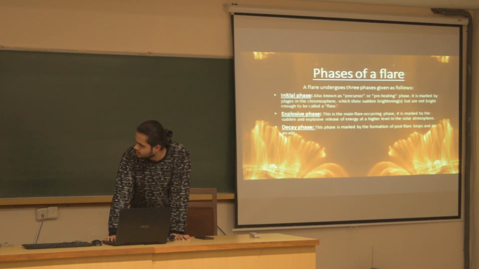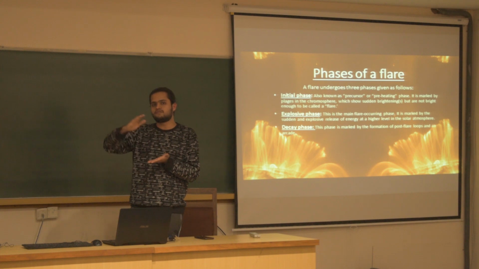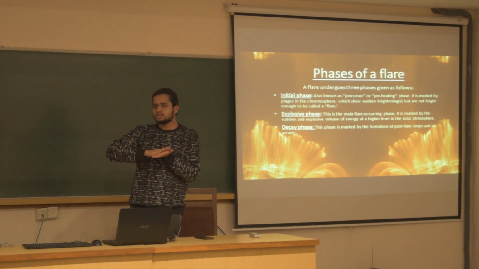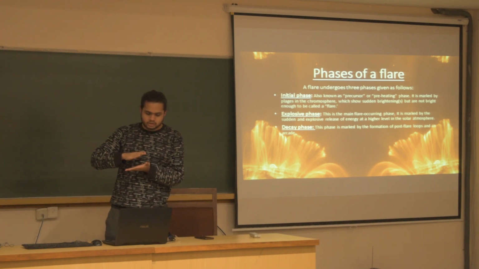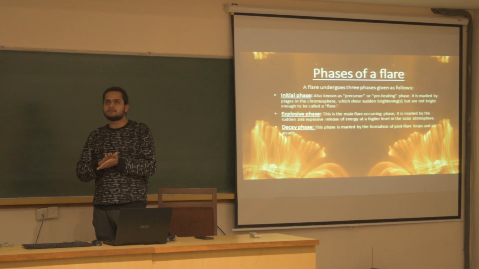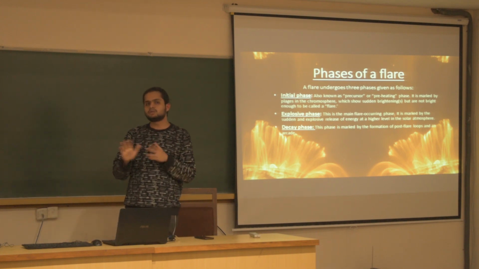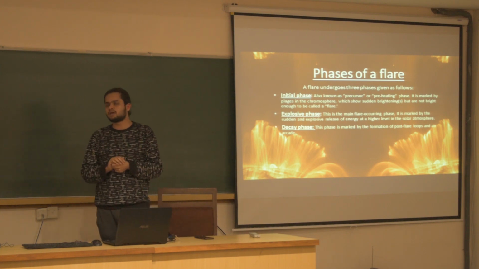So this is the phases of a flare. I don't think this is necessary, because we have basically characterized the process of a flare into 3 different parts: the initial phase, the explosive phase and the decay phase. The initial phase is also known as the precursor, and it is not very much observed by the dynamic observatories which are there.